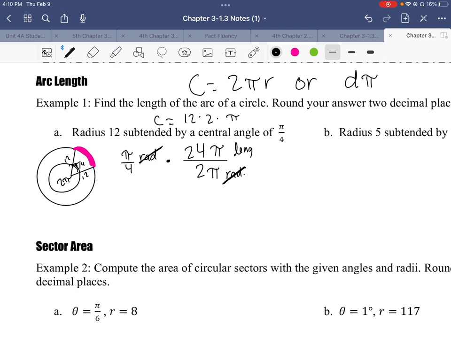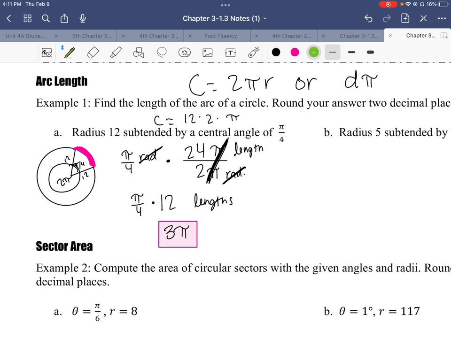And then this is a length measurement, right? Now, these pi's are also going to cancel here, which is very convenient. So really what we have now is pi fourths times 12 lengths, which of course is just 3 pi. So the answer to how long that arc is is 3 pi.